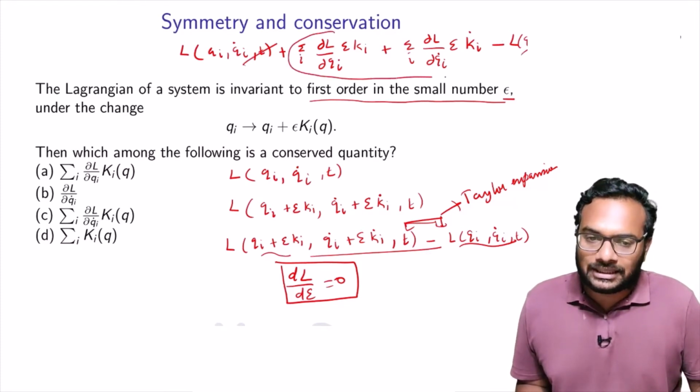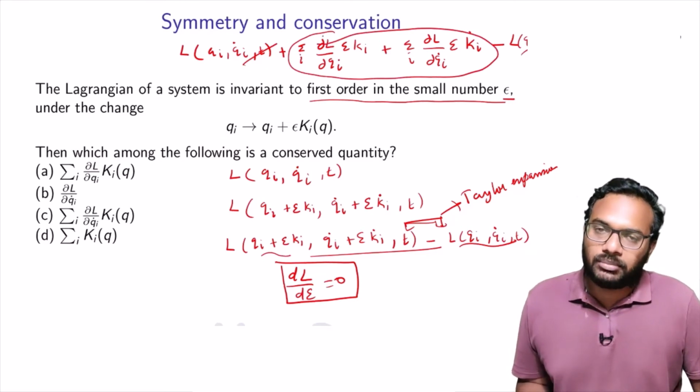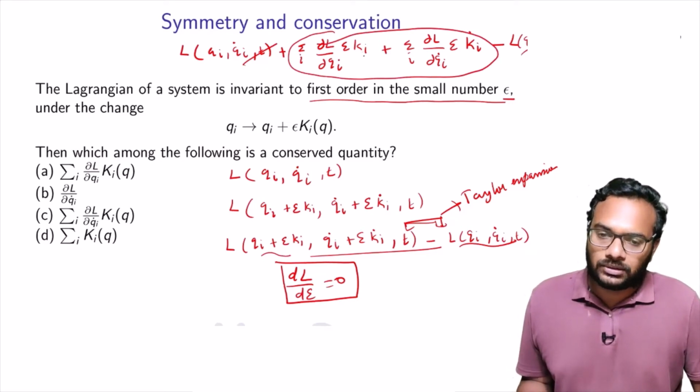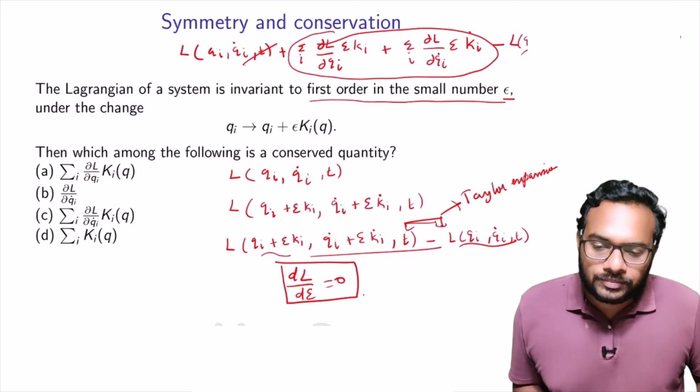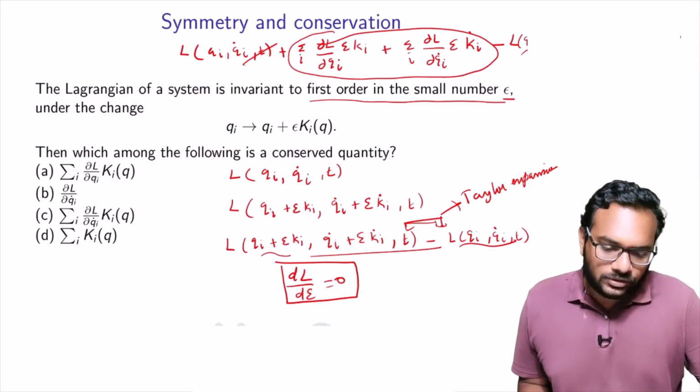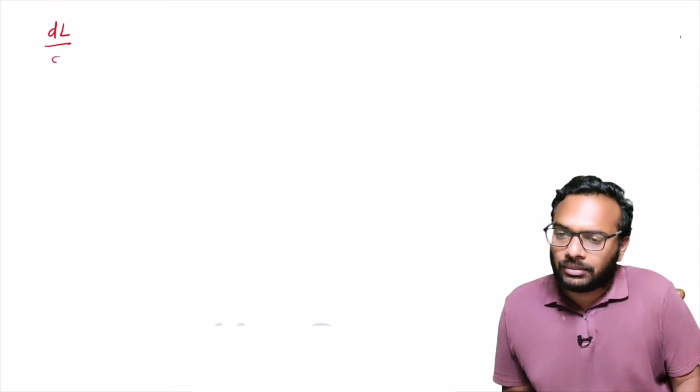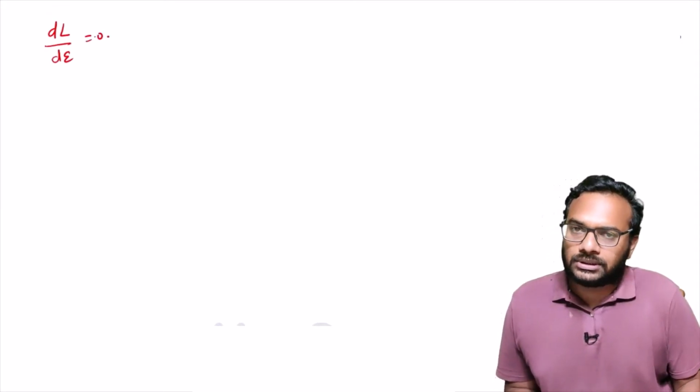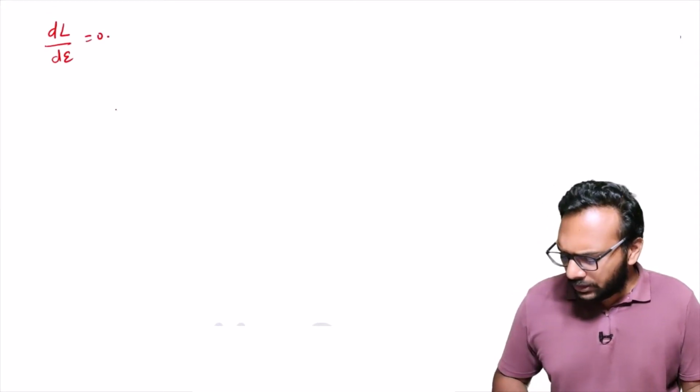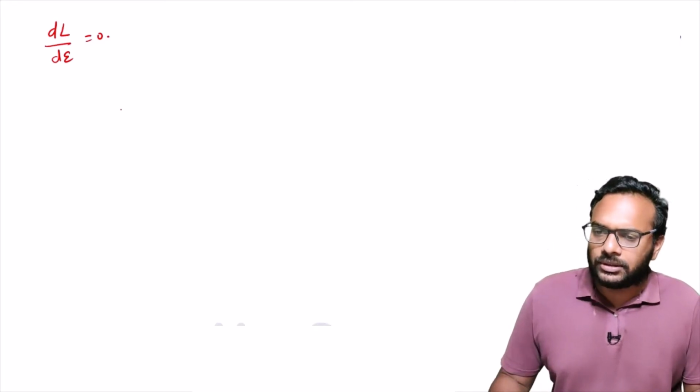Now we demand that this is equal to 0. We could do that, and I just want you to know that it's equivalent to doing dL/dε equal to 0. So when you make dL/dε equal to 0, you try the other method.